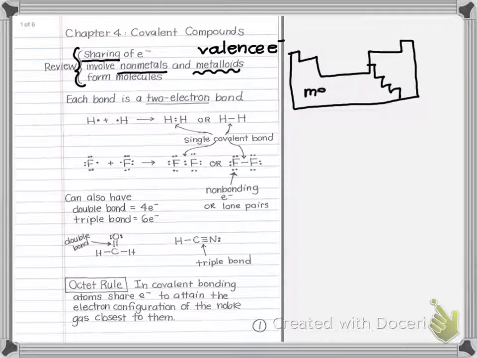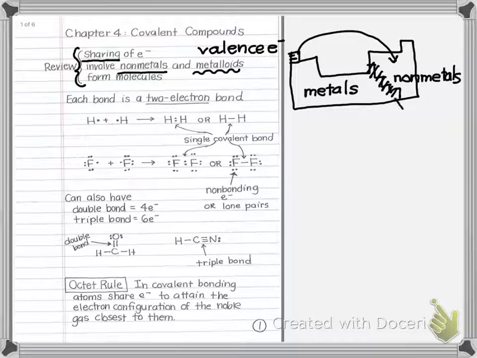On the left-hand side, these are metals. And on the right-hand side, these are nonmetals. Hydrogen, if you recall, is also a nonmetal. And along this stair-step line, except for aluminum, these will be the metalloids.